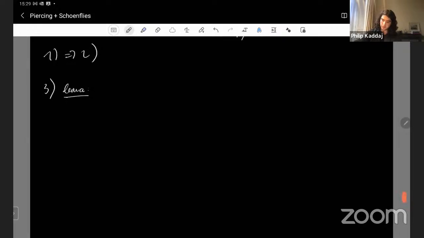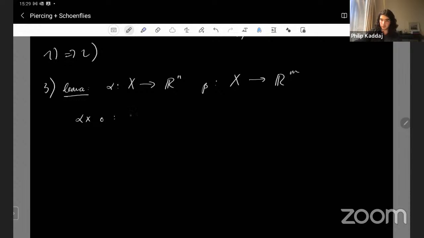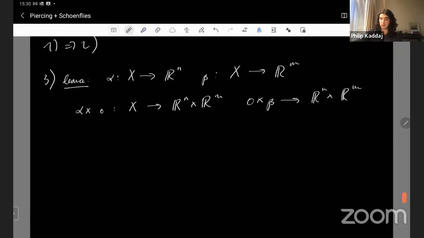So we will prove a slightly more general statement. If alpha and beta are embeddings of some compact metric space into Rm, then the embeddings alpha cross 0 and beta cross 0 are equivalent to the diagonal.